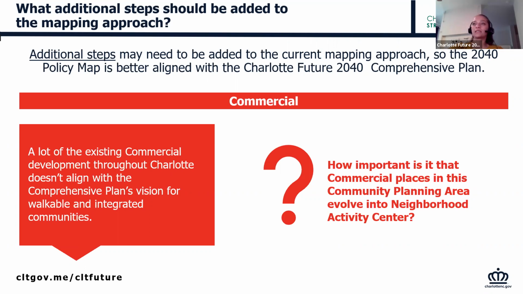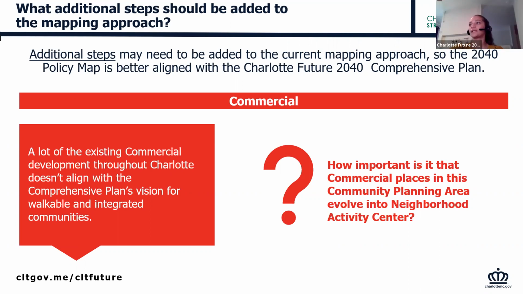So let me rephrase what the question is asking. The commercial place type is typically your older single-use commercial that's very car oriented. One of the goals of the comp plan is to make communities more walkable and more integrated, so the commercial place type seems to be in contrast with that, since they're typically more car oriented.